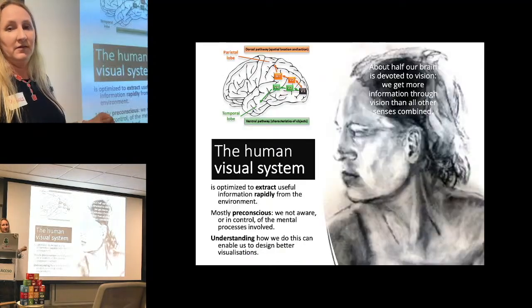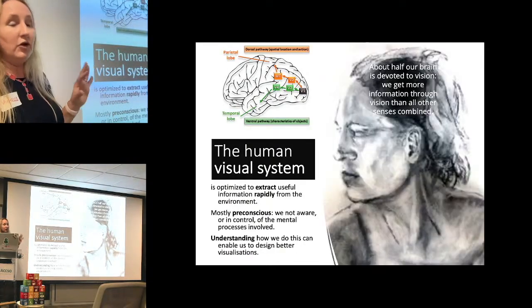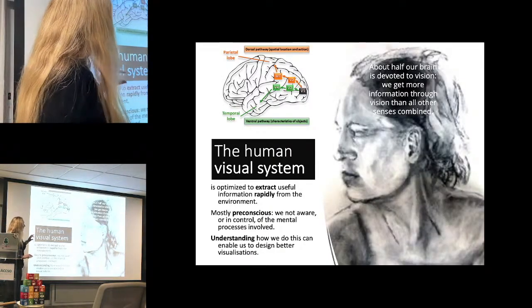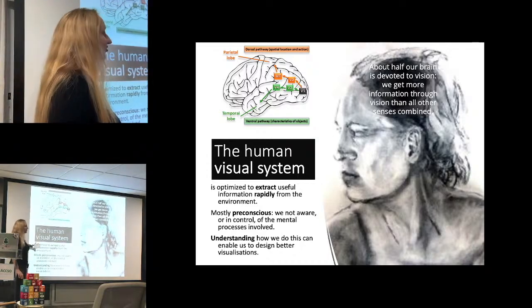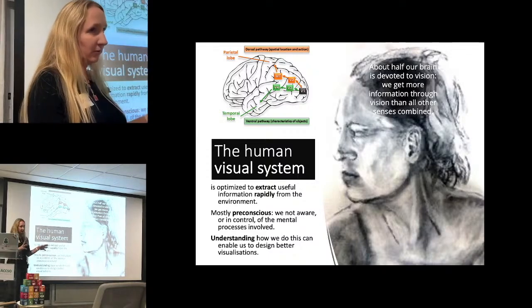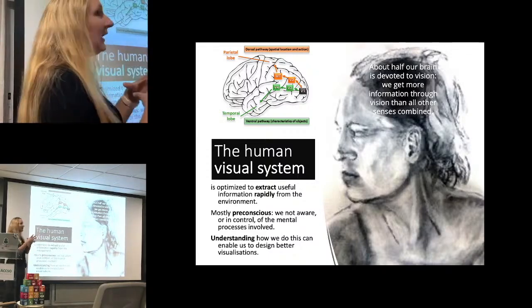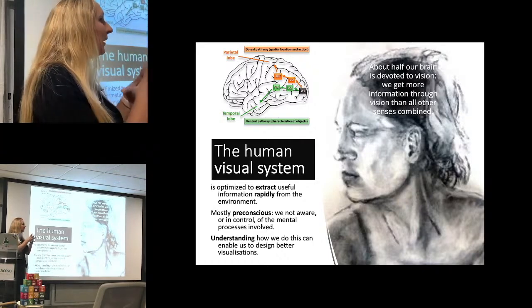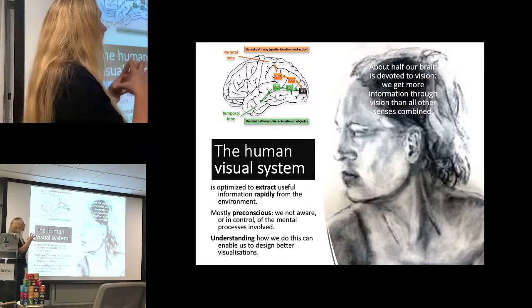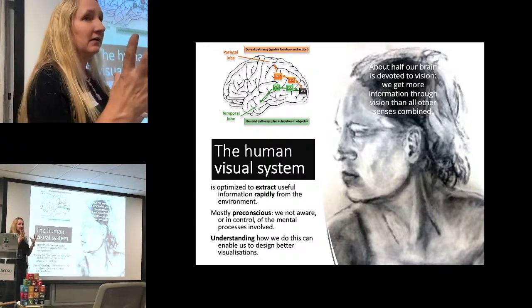So the human visual system is very important that you understand, how it works for good visualizations, but there are summaries in all these books. Basically, the main point is that visualizations, if they work, are incredibly powerful because half our brain is devoted to seeing.